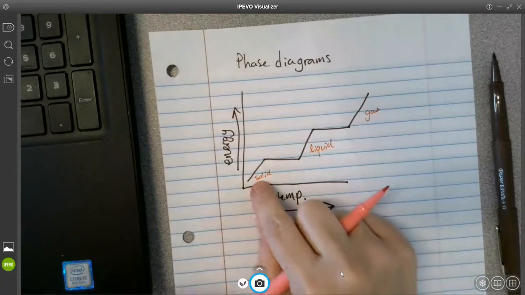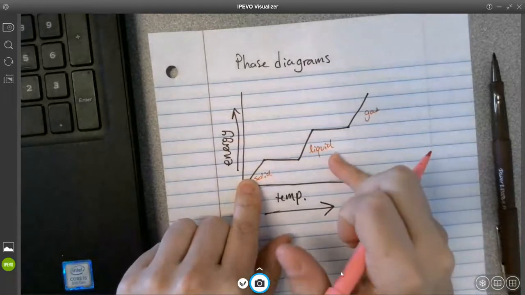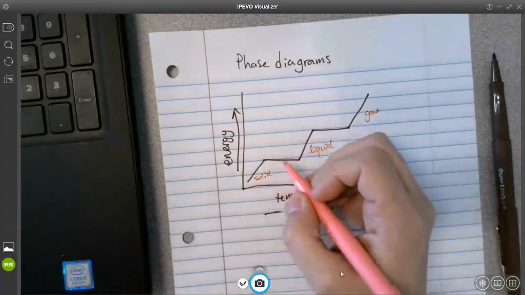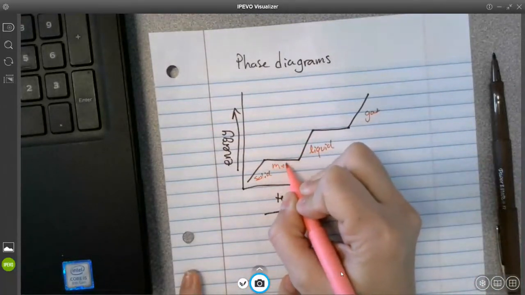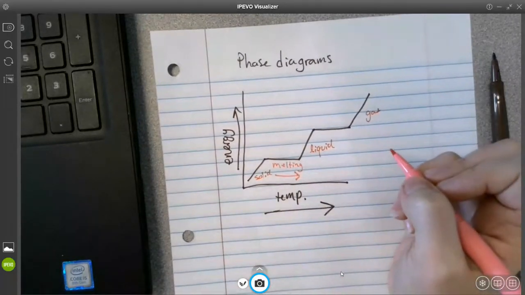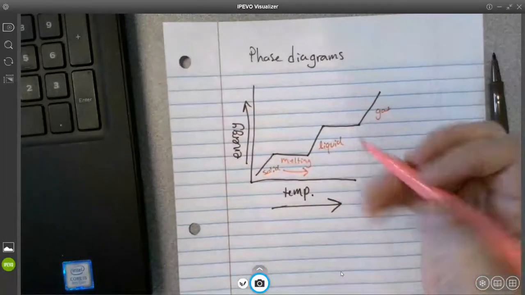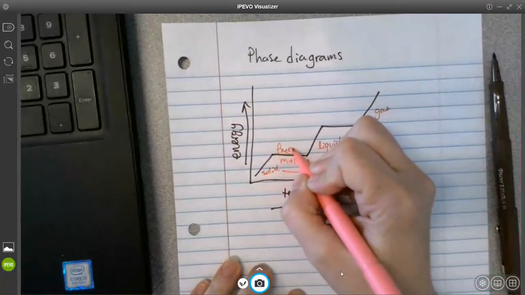So if I take a solid and it is going down to a liquid, we call that process melting. Just like if we're going in the reverse, if you're going from a liquid to a solid, you are freezing.